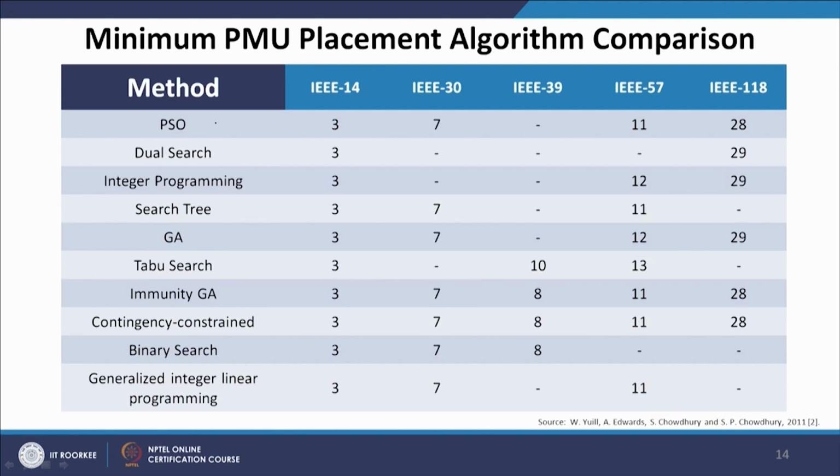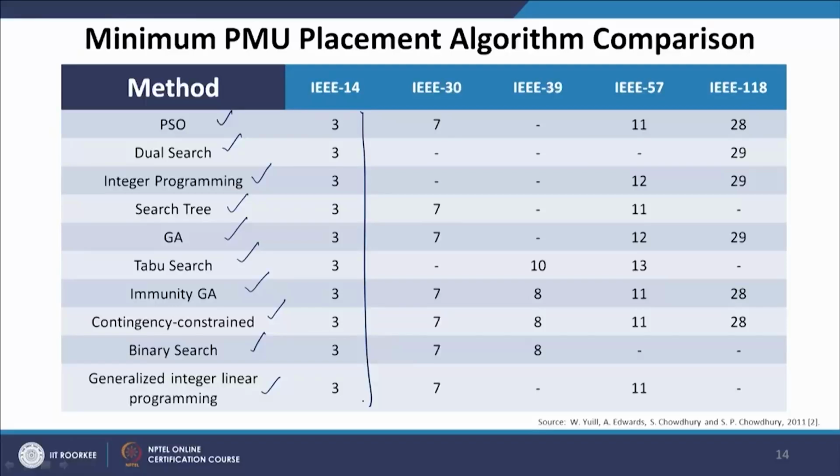We have many methods such as PSO, dual search, integer programming, search tree, genetic algorithm, taboo search, immunity GA, contingency constraint, binary search, and generalized integer linear programming. We applied all the methods and found that for the IEEE 14 bus system, to experience complete observability, you need 3 PMUs throughout any algorithm.